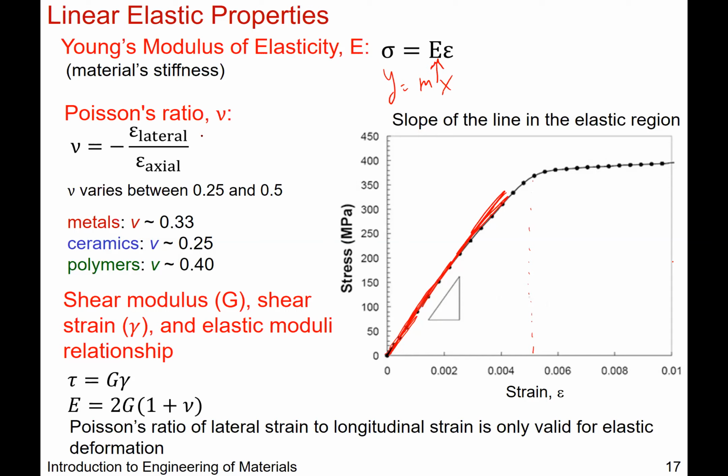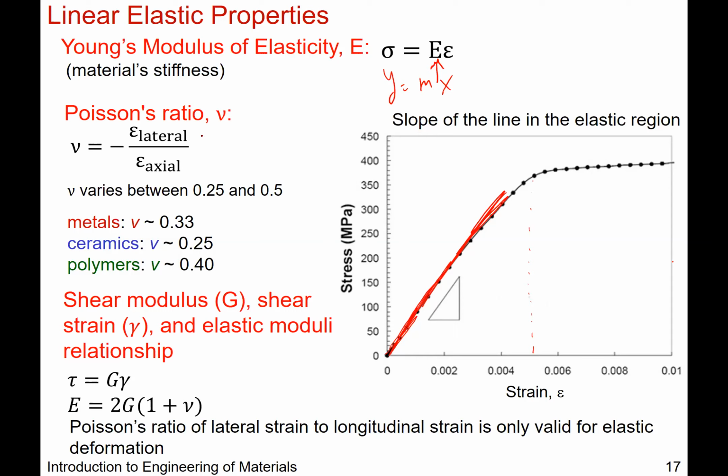This just gives us a good sense of what regime we're in. Metals tend to have a Poisson ratio of 0.33, ceramics 0.25, polymers 0.4.